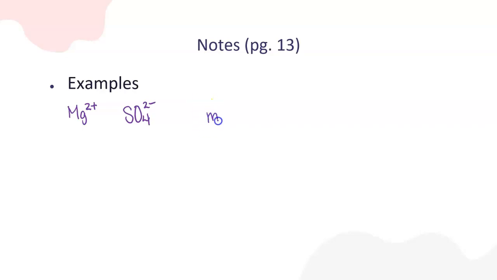So this would become magnesium. And then SO4, you would need to recognize that as a polyatomic ion and be like, oh, that's on the back of my periodic table, or remember that that is sulfate. So we would say magnesium sulfate.